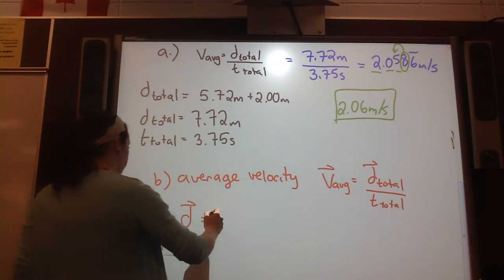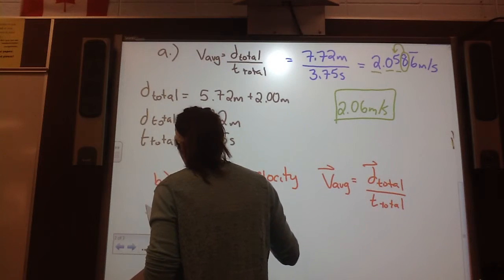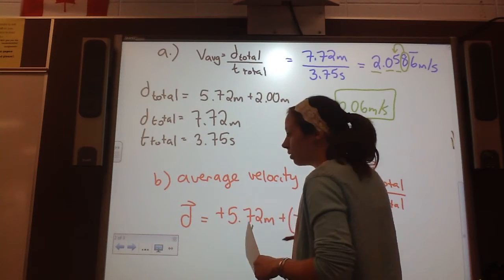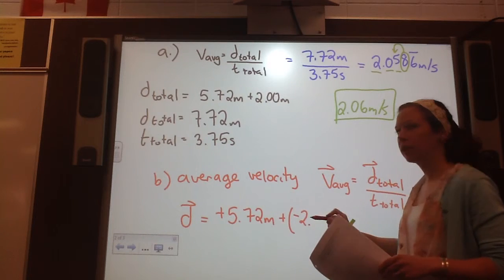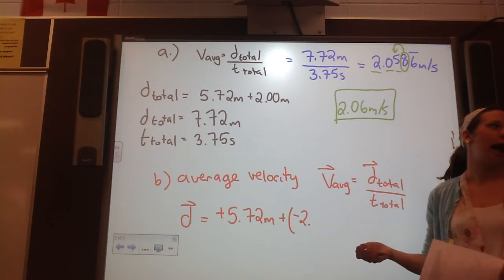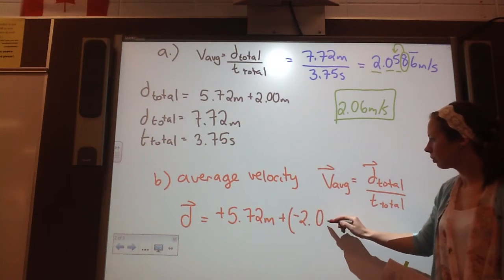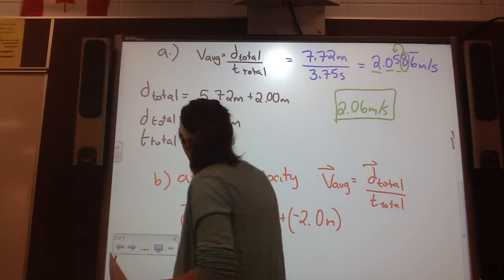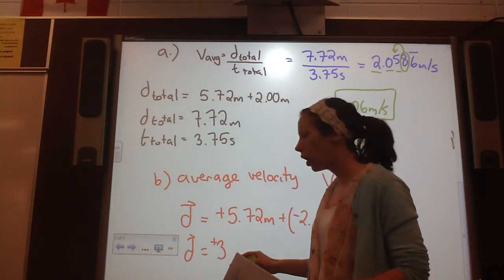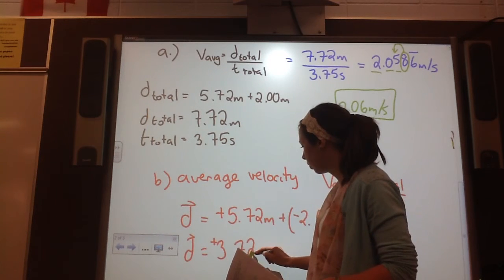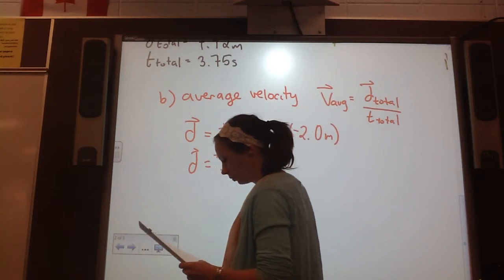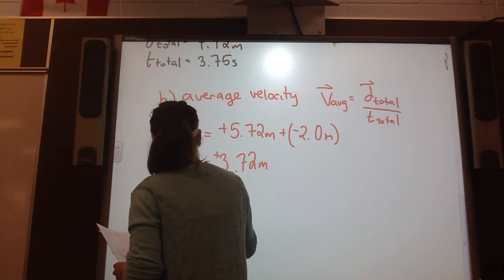So I went positive 5.72 meters, and I'm going to add a negative value. Think about that, you're still adding them all together because you're making a total, it's just that you're adding a negative quantity. So our displacement after that is still a positive value, and my T total stays the same.